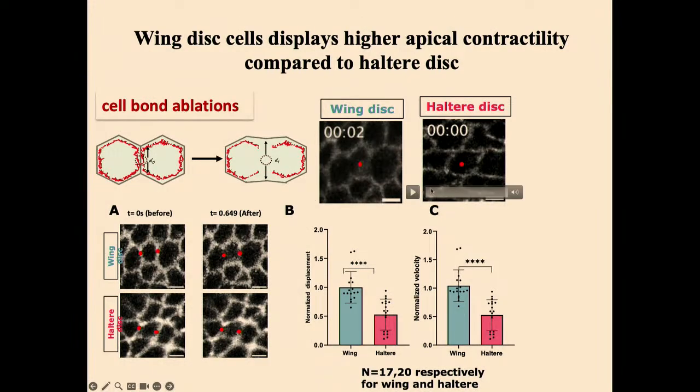That cortical tension is higher in wing compared to halter, right? Obviously, with our eyes, we cannot perceive this. It's a very fast event, and you have to do some measurements, and those measurements clearly suggest that wing cells have higher cortical recoil velocity and larger displacement compared to the halter one, right?